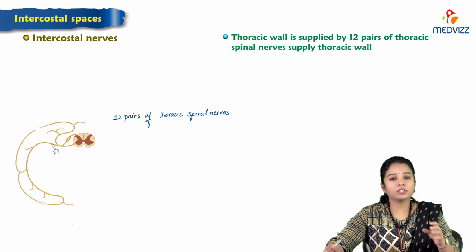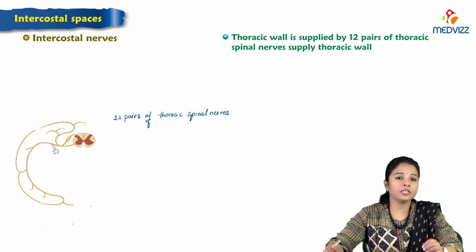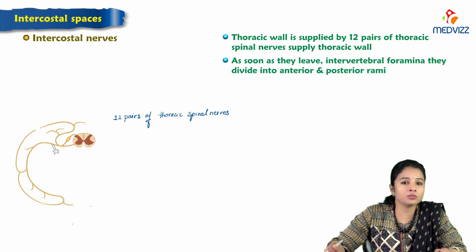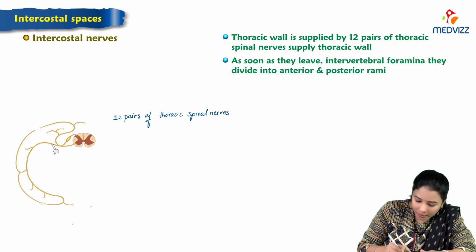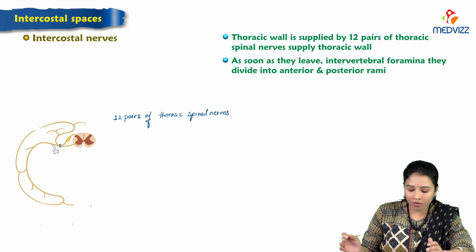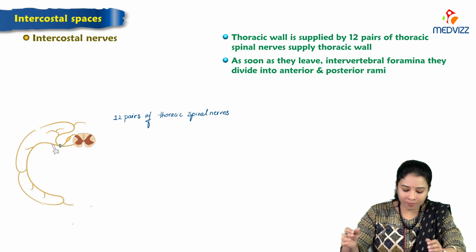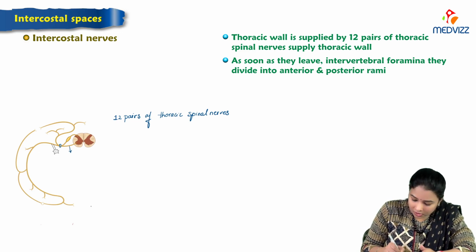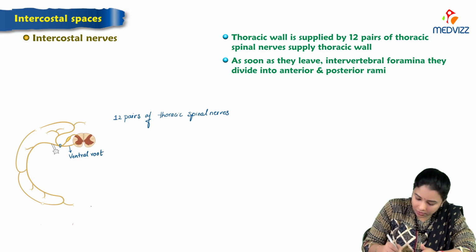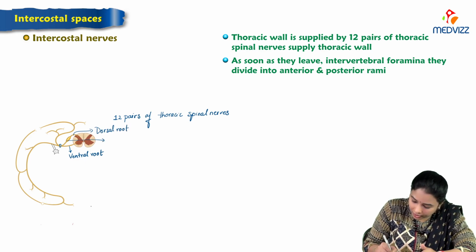These nerves come out through the intervertebral foramen. The intervertebral foramina are present on each side of the vertebral column, and we can see the ventral root or anterior root, and here is the dorsal root, and this is the dorsal root ganglion.